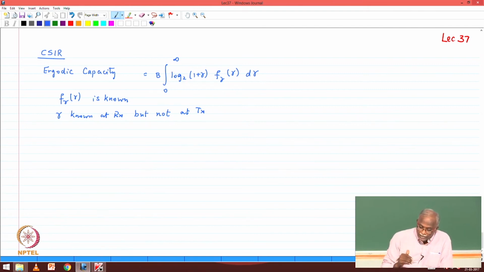So, what the transmitter has to do is go for worst case design. Whatever is the worst possible SNR, I have to transmit at that rate, because I don't know if it is better or worse than that. So, the system has to operate at a fixed rate.